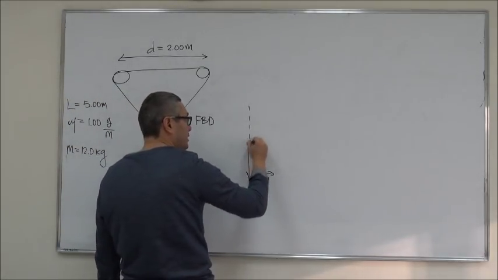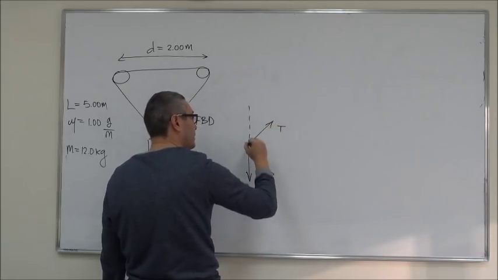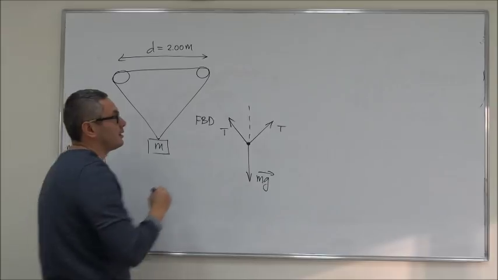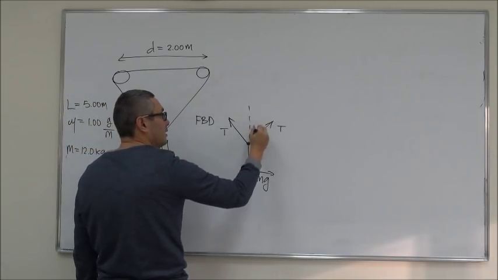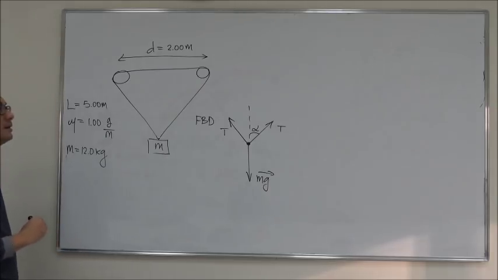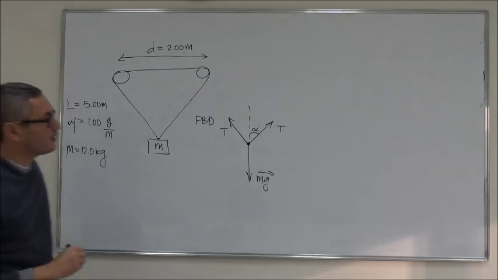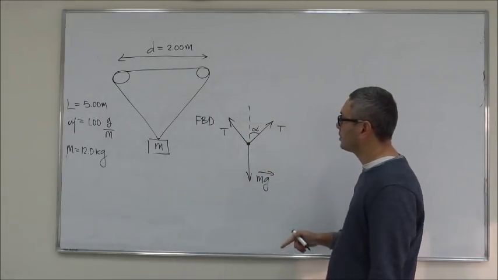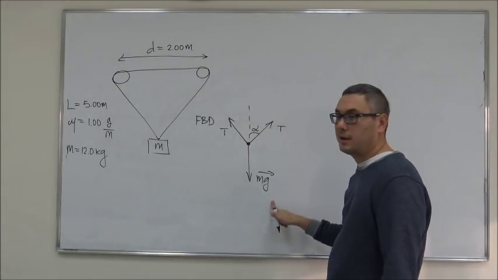So this is tension, and then a similar force T pulling it this way, and let's say this angle is alpha. Well, by observing this free body diagram, you can see that the vertical components of the two tension forces have to balance the mg force.